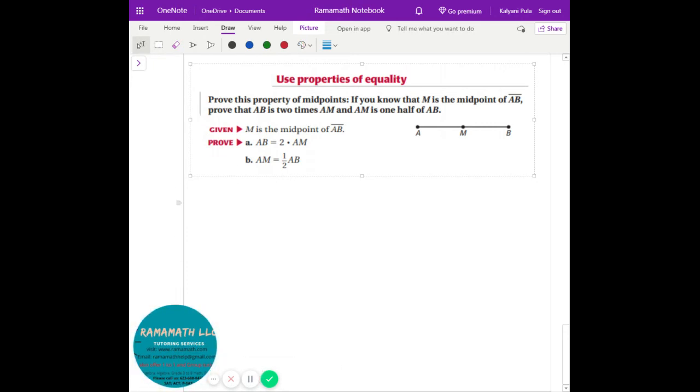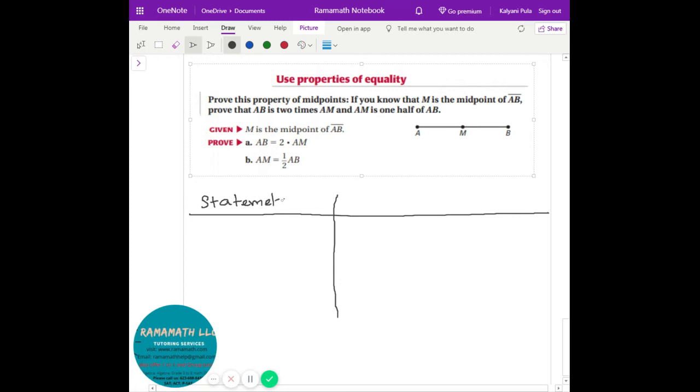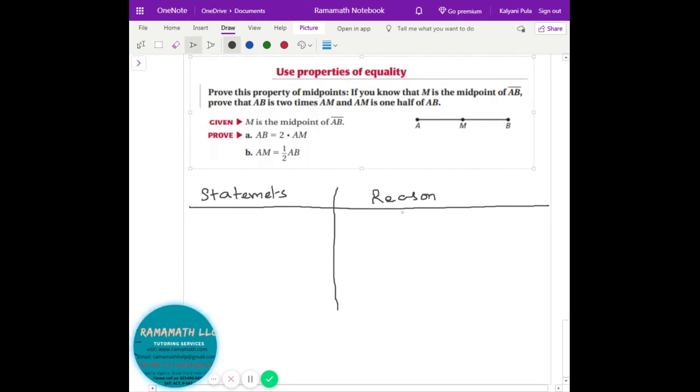Since we need to write a 2-column proof, let's make it 2 columns. Always in the first column goes the statement, and the other one is the reason why it happens. Look at this question carefully.